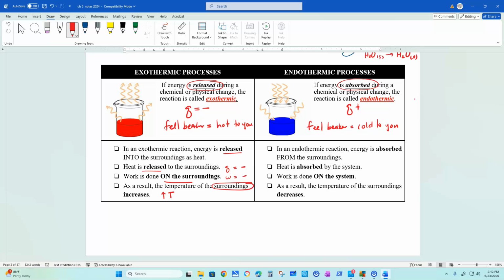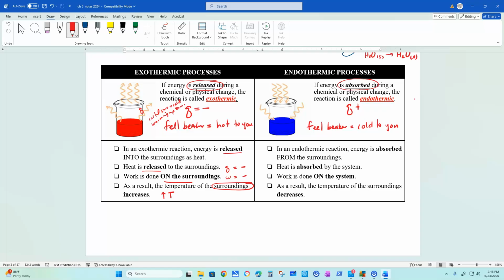So remember right here, initially the surroundings was cold, okay? But as soon as that heat is released and it's coming out, it's actually warming up the surroundings. So that temperature before and after, that after temperature is actually warmer than what it started with.